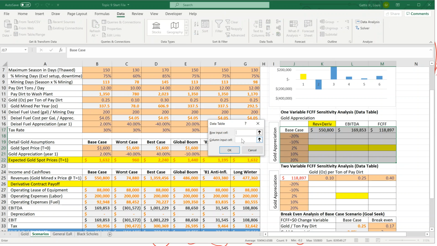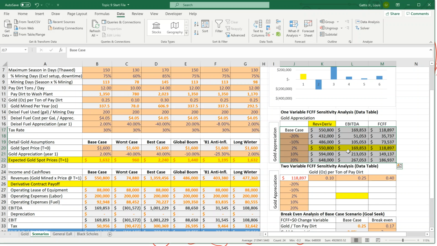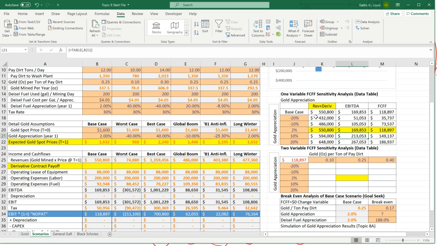So where it says column input cell, I'm going to put the original gold price appreciation in my base case, which is in B21, and hit OK. So now what you see in the data table are all the scenarios of gold prices from plus 20, plus 10, plus 2, minus 10, and minus 20%, and how that affects revenue, EBITDA, and free cash flow. And if I look at the row where it has a 2% appreciation, that is my base case.